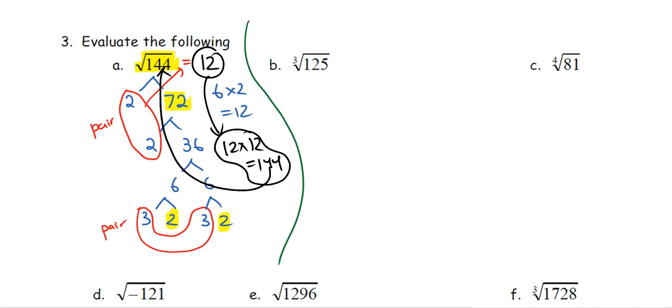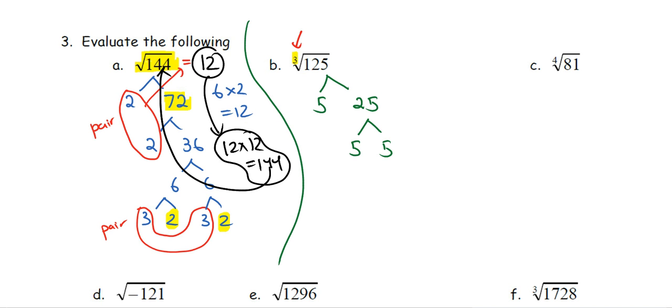Moving on to question number 3b here. Now I have a cube here, so that means I've got to find groups of 3 now. Approach this question the same way as the previous problem. Think of numbers that go into 125. Well, this is going to be 5 and 25. And I can break down the 25 as just 5 and 5. Now once again, look at this 3 here.